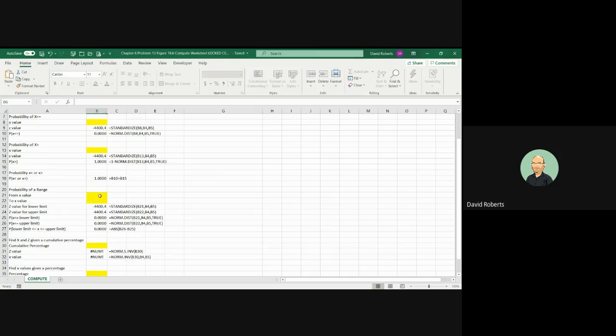So that is a range, 21.99 to 22. The answer is in cell B27. So 33.64% of the shafts are between 21.99 and 22 millimeters.